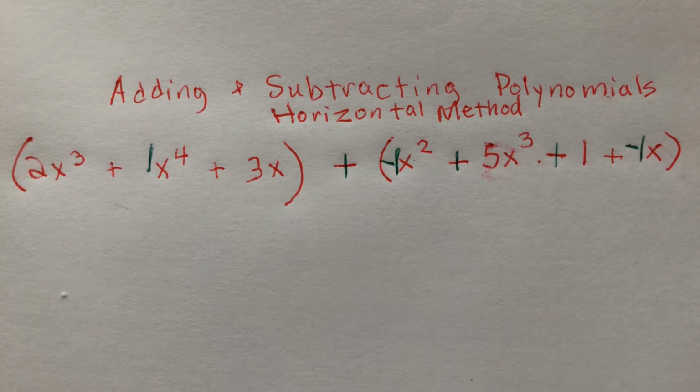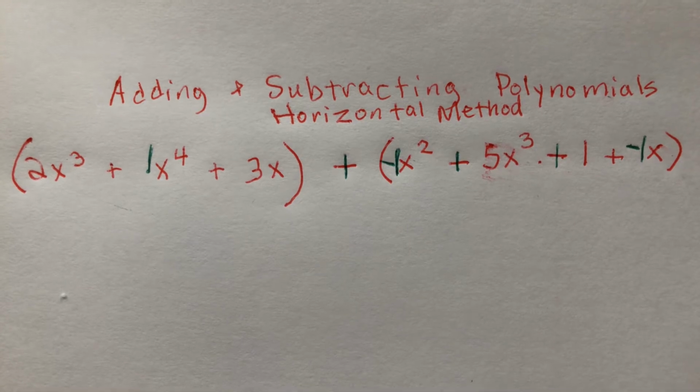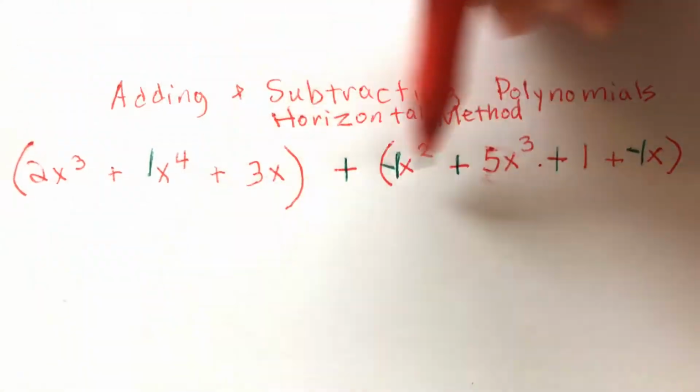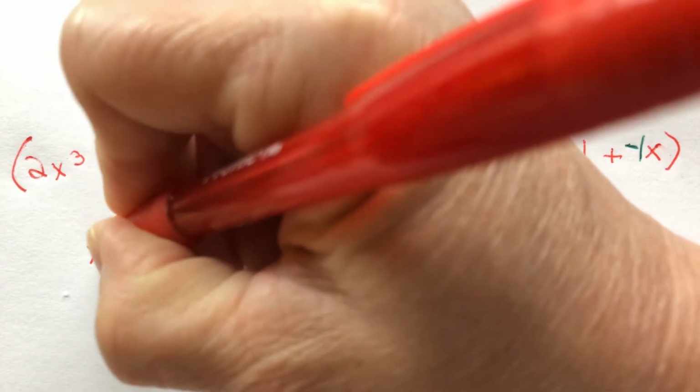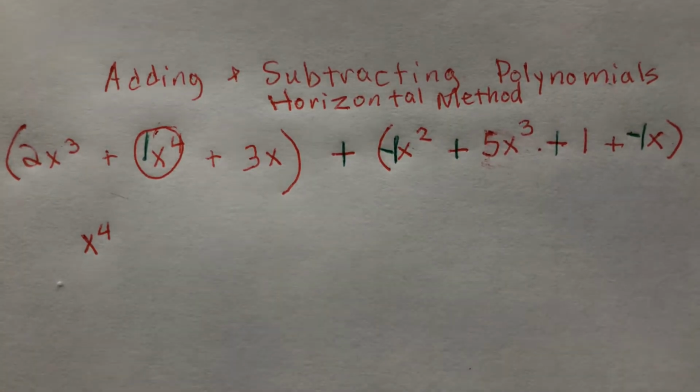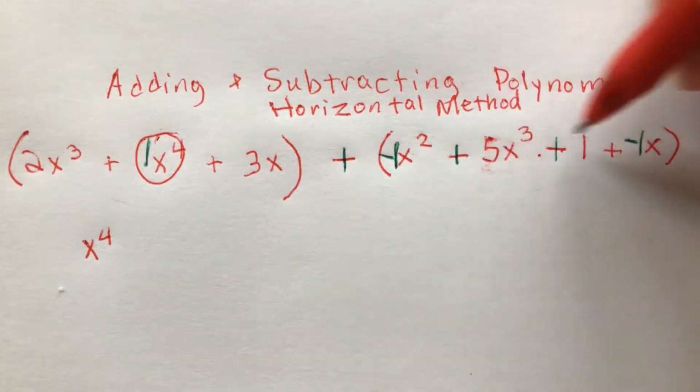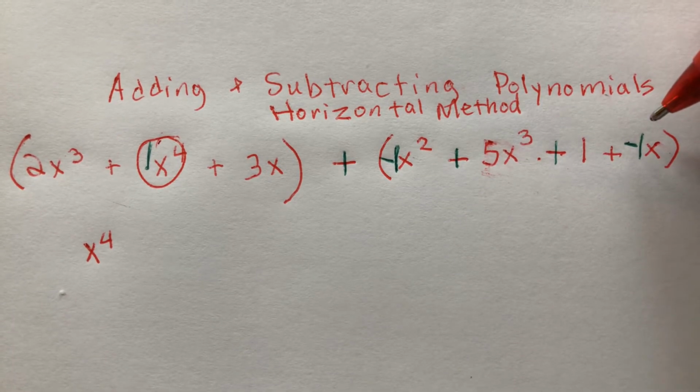Now, what we're going to do is look for the highest degree of any of the terms in here. So our highest degree is x to the 4th. So I am going to do that one first, x to the 4th. And I don't write the 1, but I don't have an x to the 4th here, so I don't write anything down there.